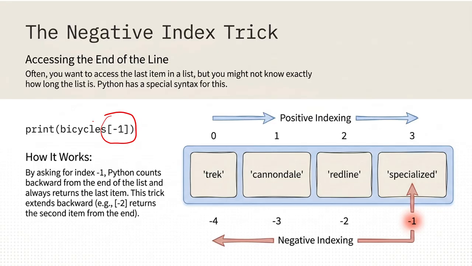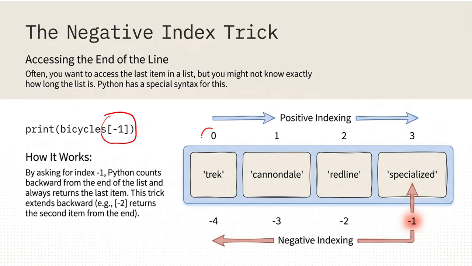Over here, they have given print bicycles -1. In order to understand it, we have to see how positive indexing works and how negative indexing works.